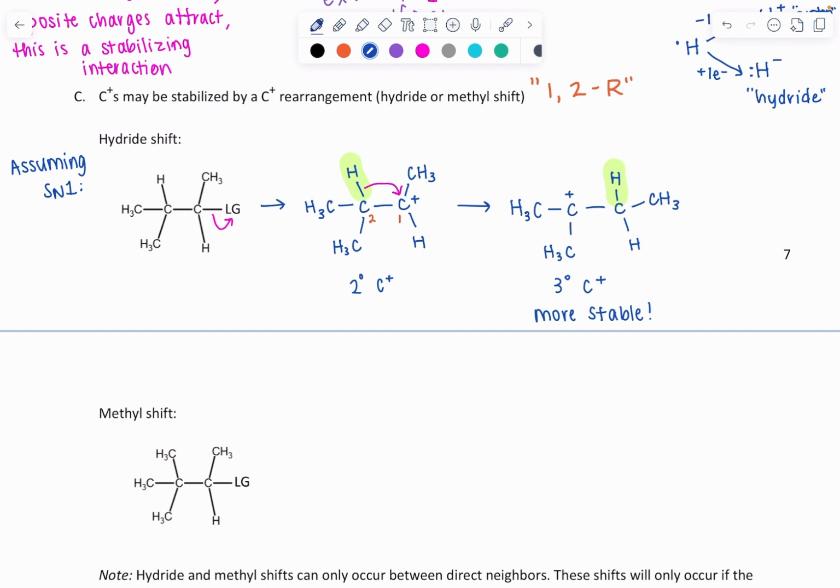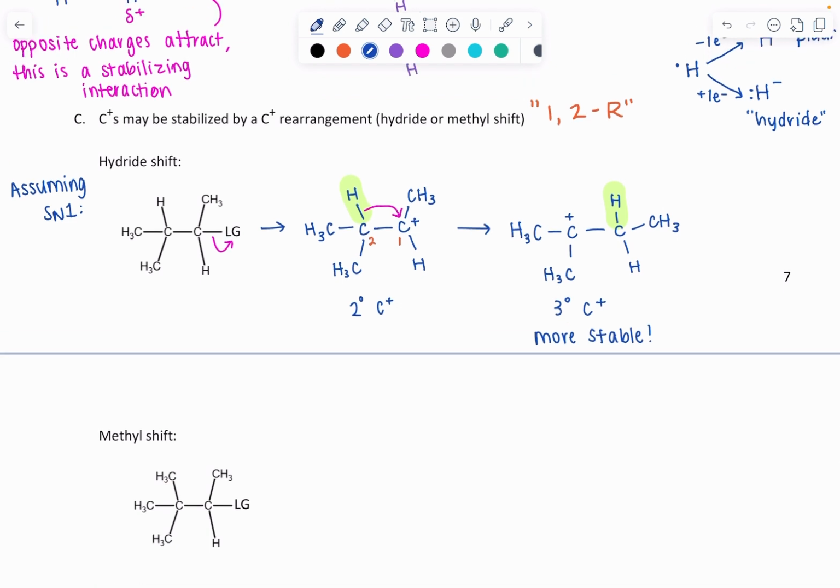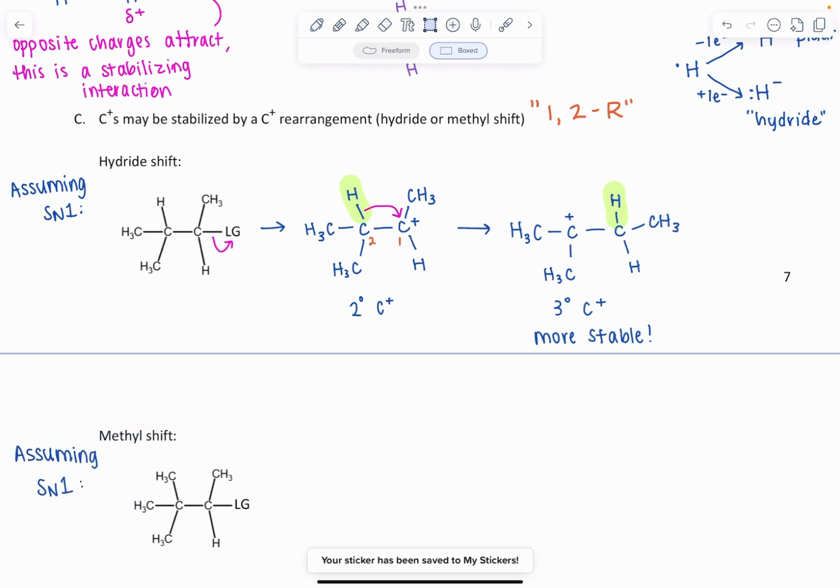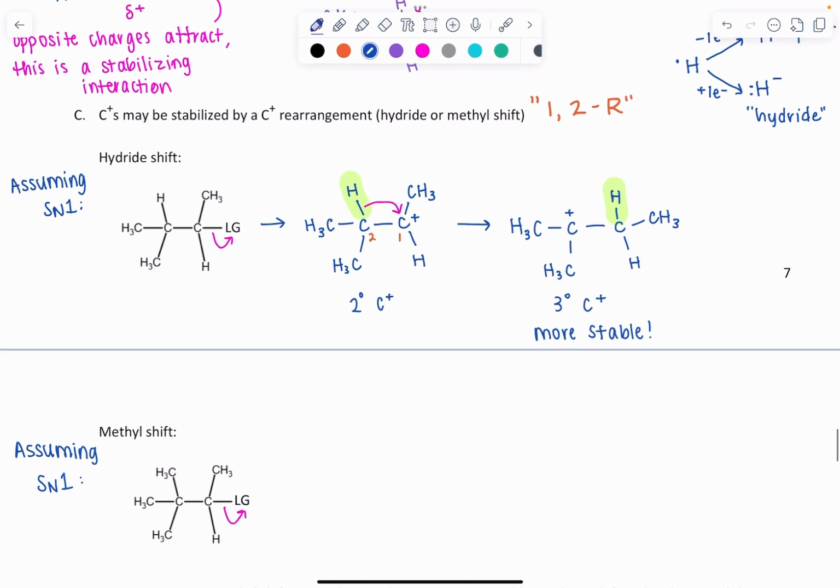Very similarly, methyl shifts are possible. So again, we'll assume SN1. Okay, so first step will be losing the leaving group. And this molecule is a little different.